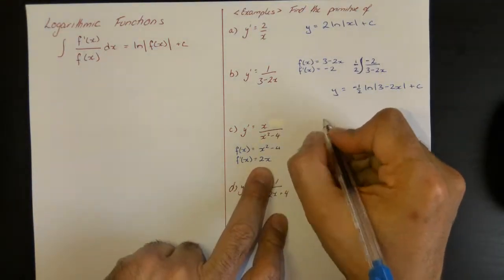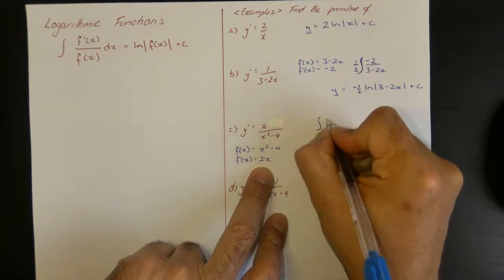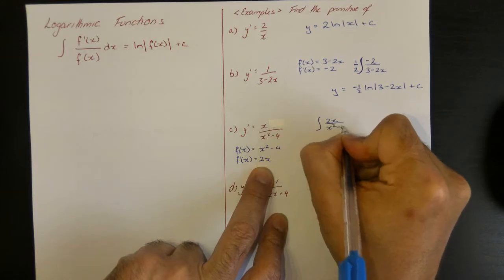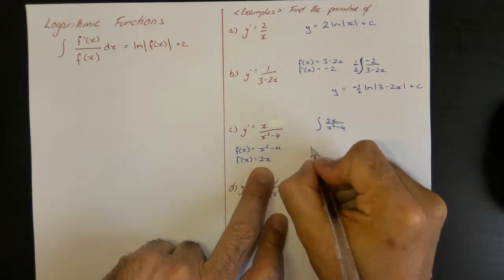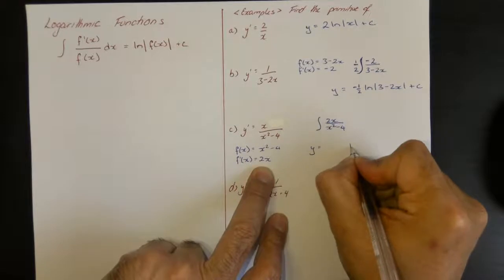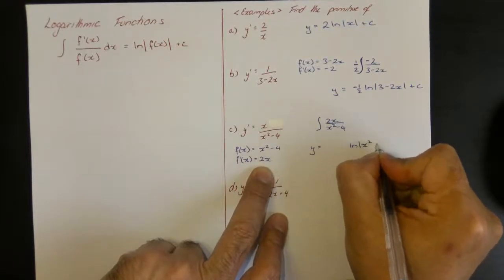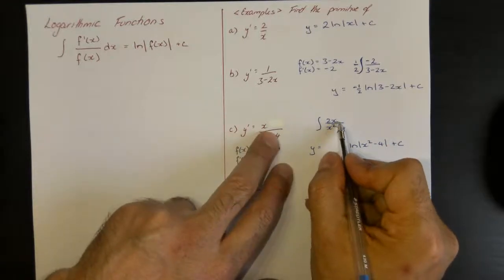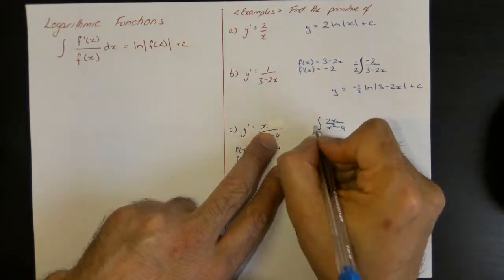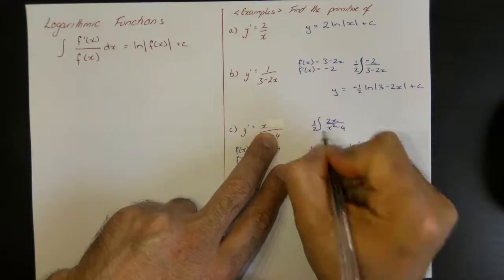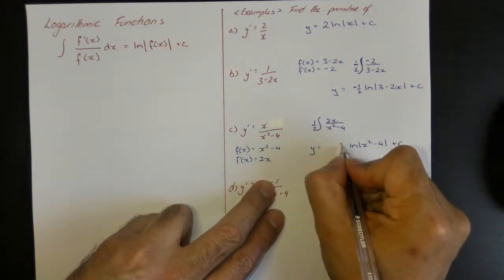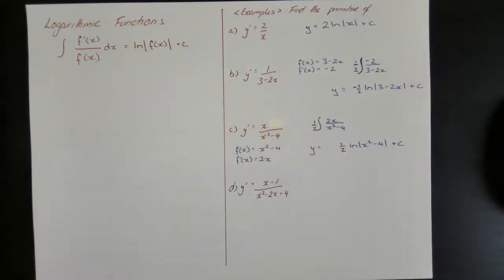So if I was to get 2x over x squared minus 4, right, that would give me log of x squared minus 4 plus c. But I don't have 2x, I only have x, so I have to compensate for that and take out a half. Okay, so this would be a half of log x squared minus 4 plus c.